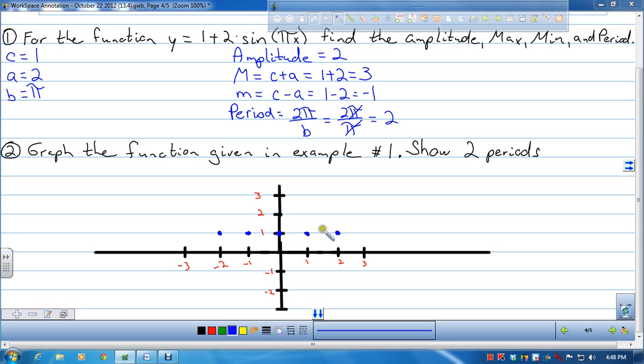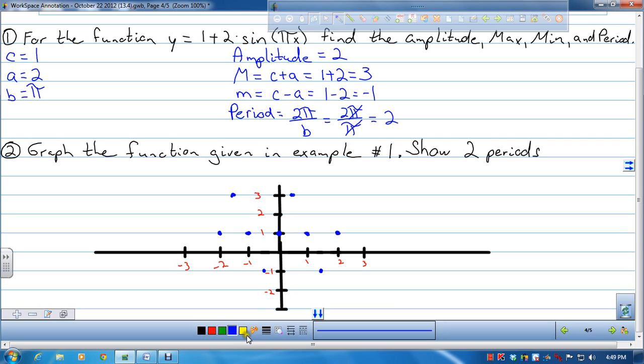Well, 1/4 of the way through one period, if the period is 2, would be right here, right? So that's where your maximum goes. Then your minimum goes 1/4 of the way between the middle and the end. Your minimum was at -1. So I've got those over here as well. If I was starting here, it would go to my maximum up here, and in between those, my minimum down here.